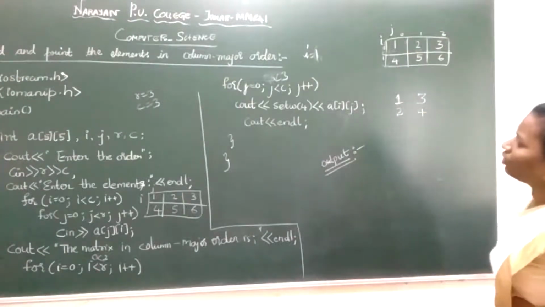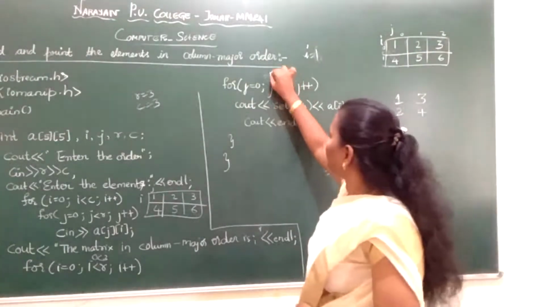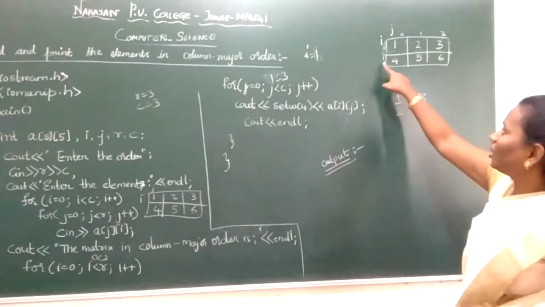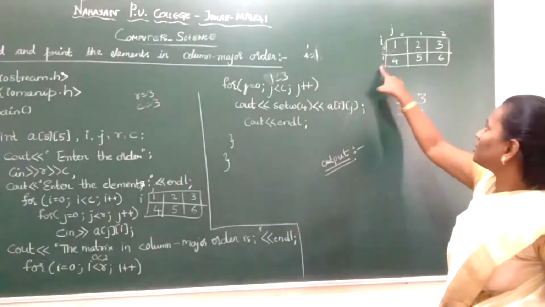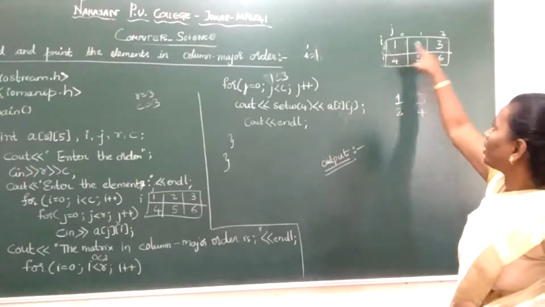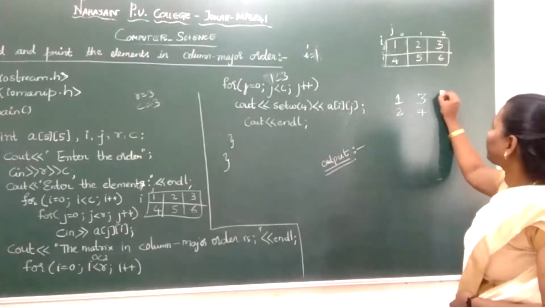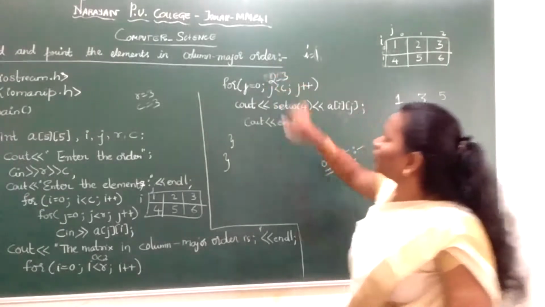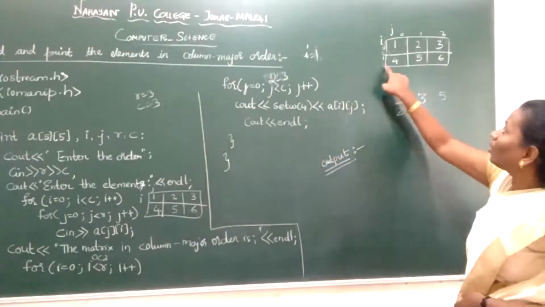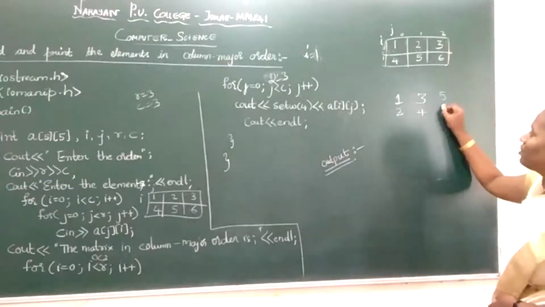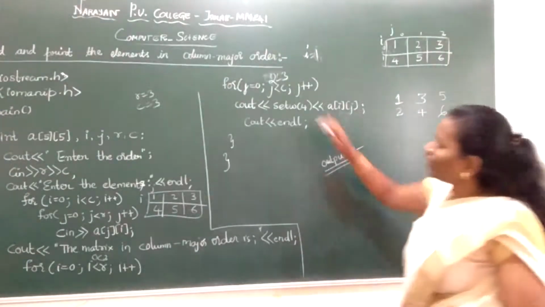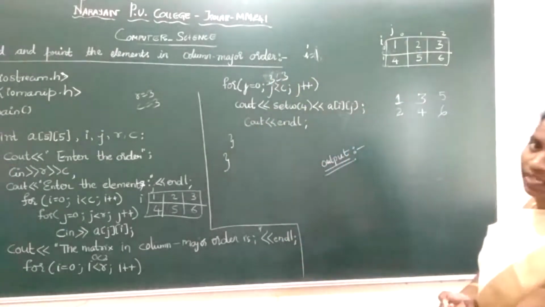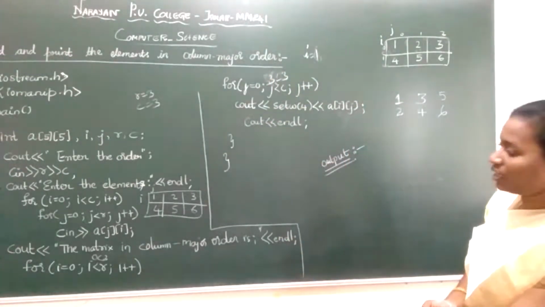Now j gets incremented to 1, the condition is true. i is 1, j is 1, so at 1 and 1 I have the element 5. Next j gets incremented to 2. i is 1, 1 and 2, what do I have? I have 6. Again j gets incremented to 3. 3 is not less than 3, the condition fails.